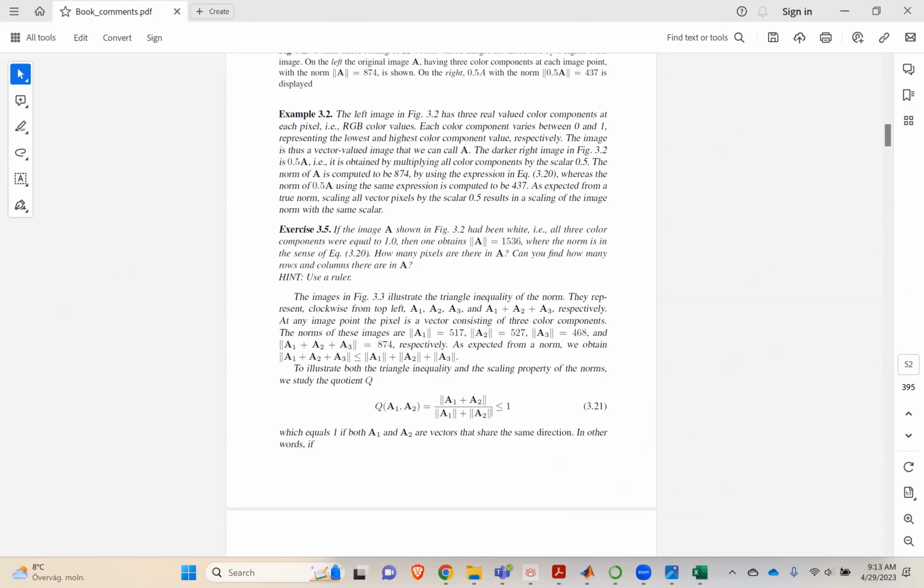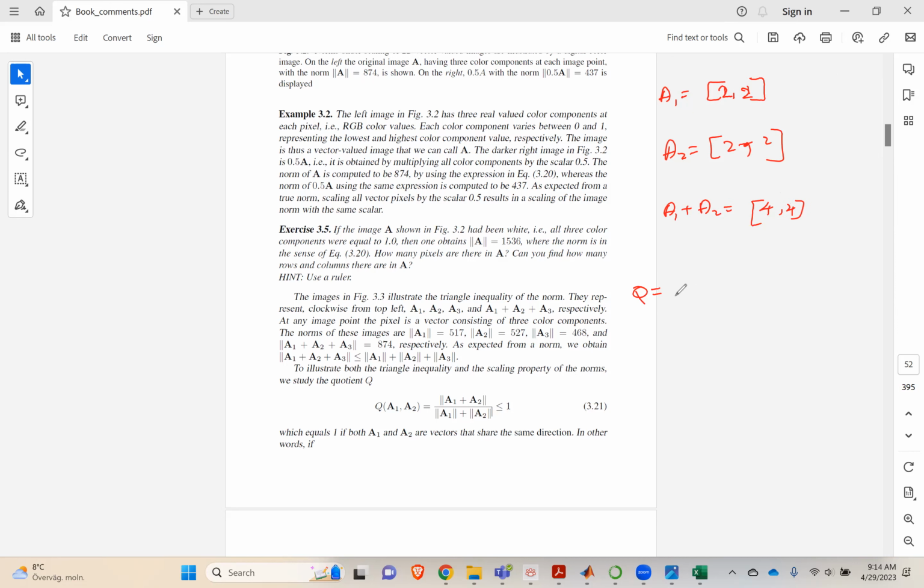Just for fun, let's say the images are the same. A1 is 1 and 1, and A2 also... no, we'll put 2 and 2, it will be easier for us. So A1 is 2 and 2, and A2 is also 2 and 2. When we put this into the Q function, first we need to add them together. So A1 plus A2 equals 4 and 4.